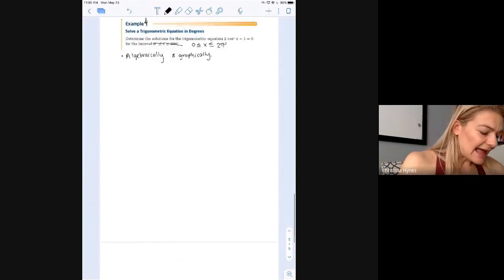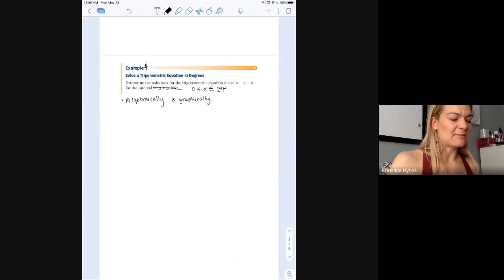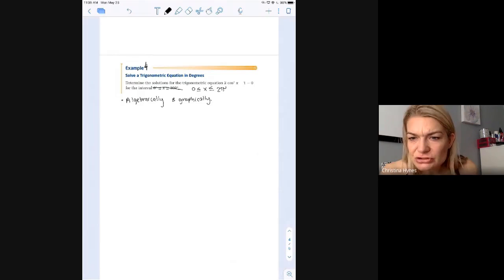Okay, so your last question just wants you to be able to solve this both algebraically and graphically. Would you need to do a full circle for a pendulum? Like for one swing?